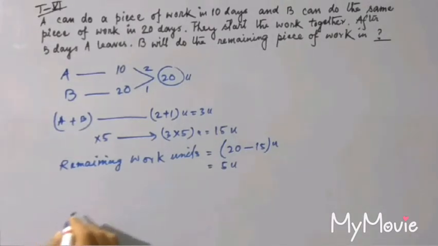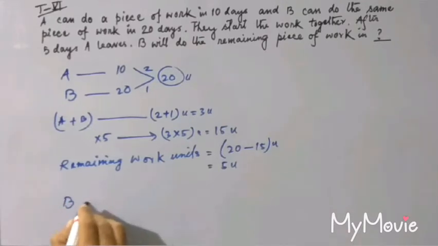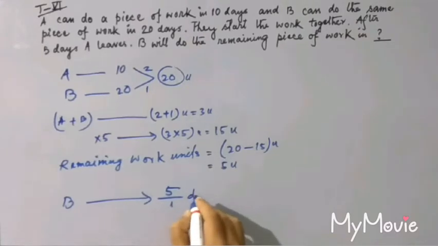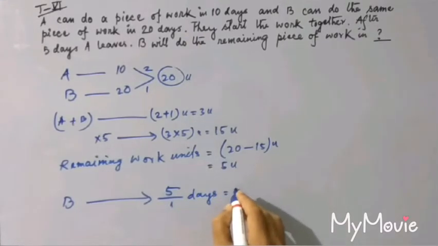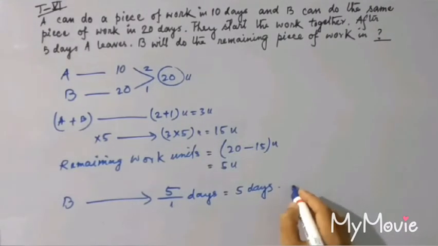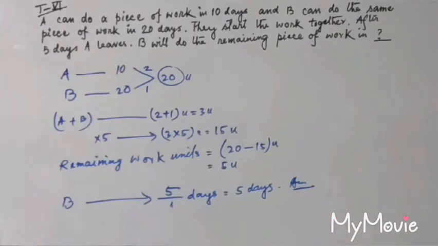Then B completes the 5 units in 5 divided by 1 days, that is equal to 5 days. Now this is the answer. If the question requires the total number of days required to perform the whole unit of work, then the answer will be 5 plus the 5 days mentioned in the question, as those 5 days were performed earlier.